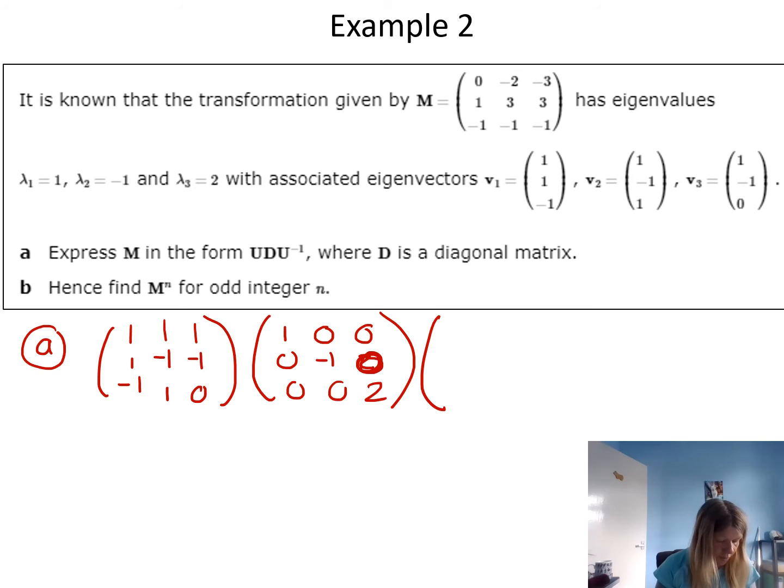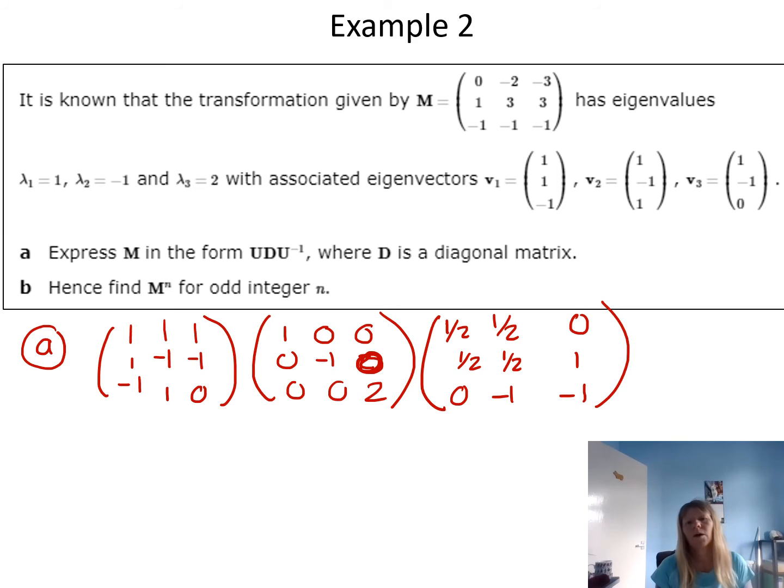Right, and then you can do the inverse of that. So exit and then do your power minus 1. And what you get is this. There we go. And so that's in our form, U D U to the minus 1.